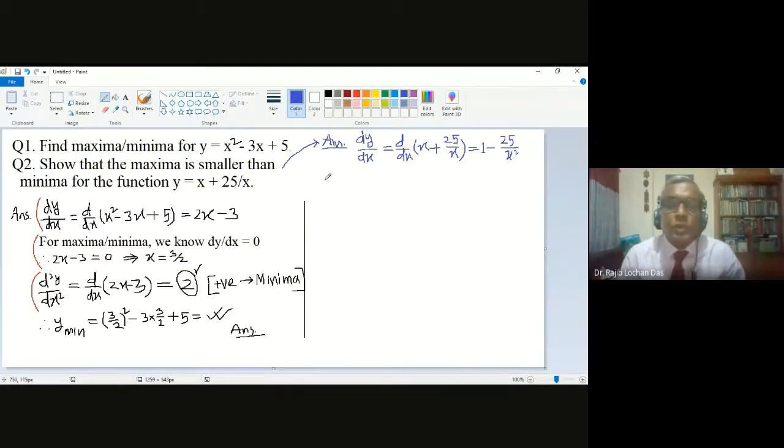The second point is d/dx of y will be 0. From d/dx of y equal to 0, we get 1 minus 25 by x square equal to 0. In this case, what will be the x value?